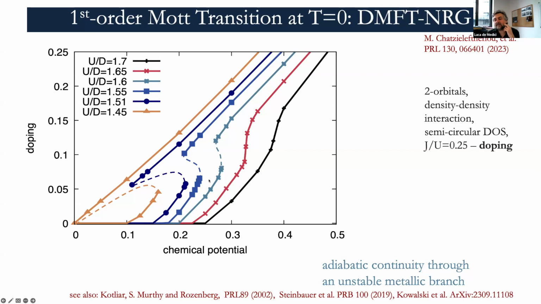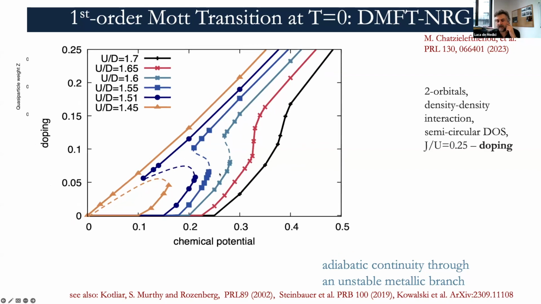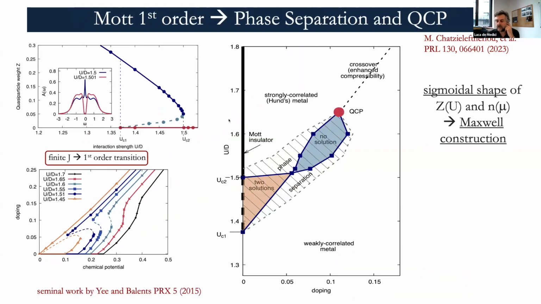So we can trace a phase diagram using these spinodal points and put them in a U versus doping plane. So here at half filling, you have the coexistence zone signaled by this dashed line and the Mott insulator for larger interactions.